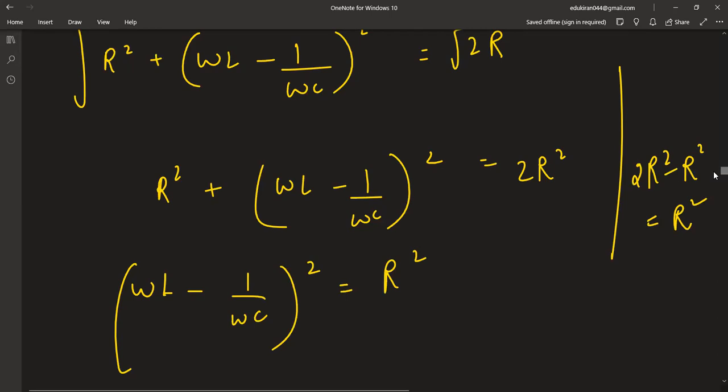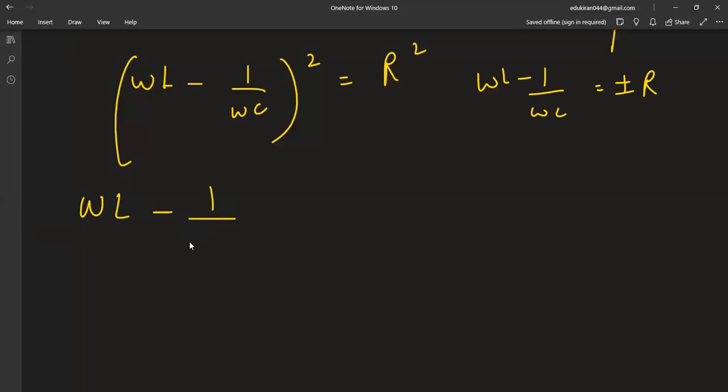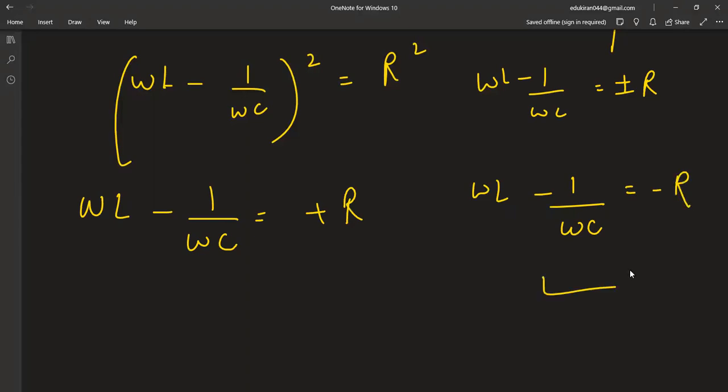Now see, class. Whenever you take this root, you get two values, that is plus minus. I have to write this as plus minus R only, no? So one equation will be omega L minus 1 by omega C is equal to plus R. One equation will be omega L minus 1 by omega C is equal to minus R. Fine, this is the first equation, this is the second equation.